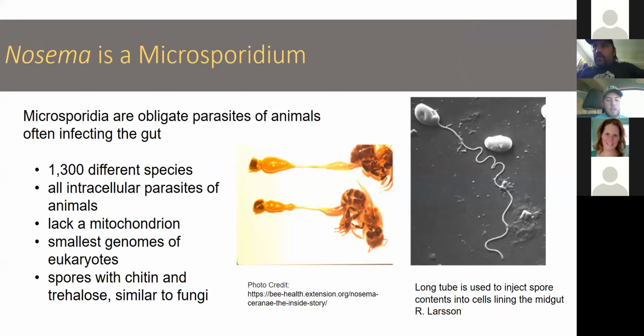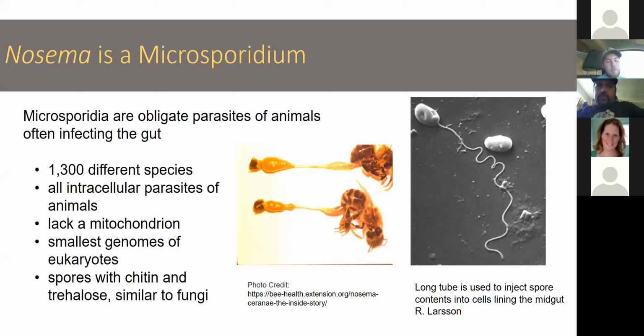So before we get into talking about how Nosema is in honeybees, we need to know what it is on a biological level. Nosema is a Microsporidia. Microsporidia are eukaryotic unicellular organisms allied with fungi, but they're actually placed in a sister kingdom simply because they're hard to place in the nomenclature with fungi.